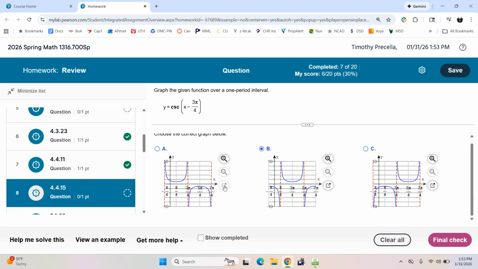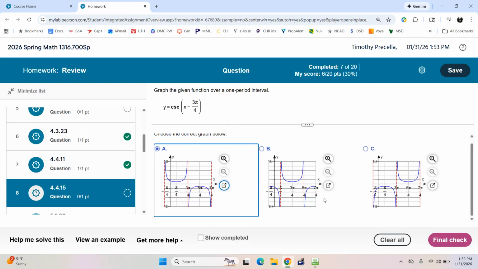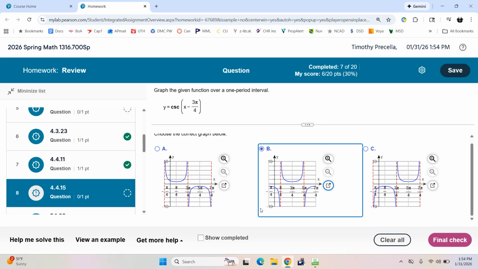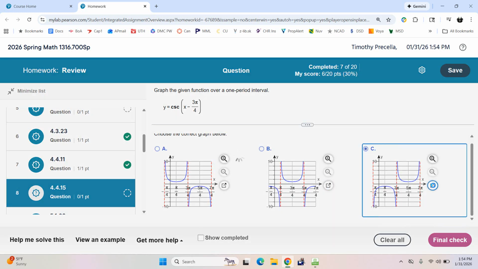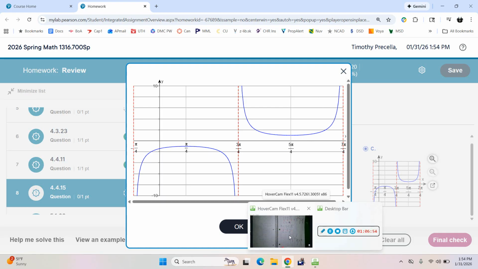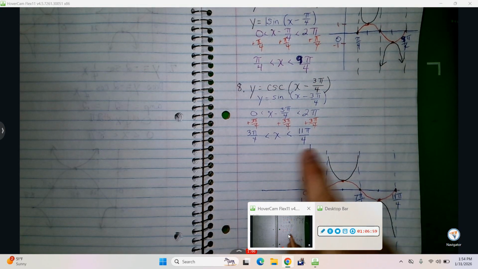Between 3 pi over 4 and 7 pi over 4, we should have the little U shape going up. Between 3 pi over 4 and 7 pi over 4, it's going up. I'm looking at this region right there. Okay.